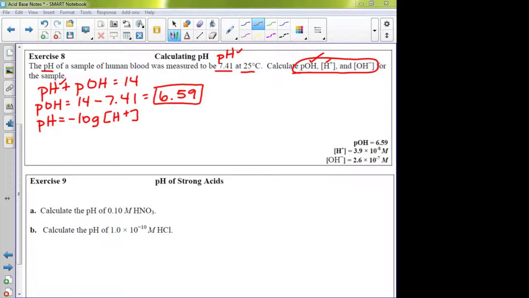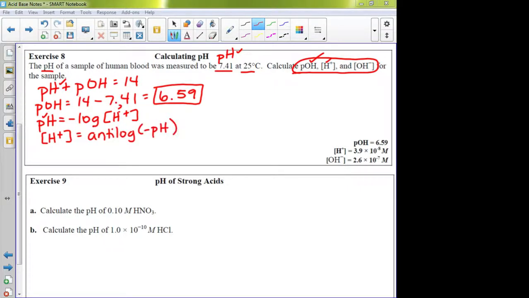Except normally when we use this equation, we're looking for what? pH. This time they gave me pH, and I'm looking for my concentration of hydrogen. Okay? Now this is just something you're going to need to know. When I rearrange this, trying to find my concentration of hydrogen, it is equal to the anti-log of my negative pH.